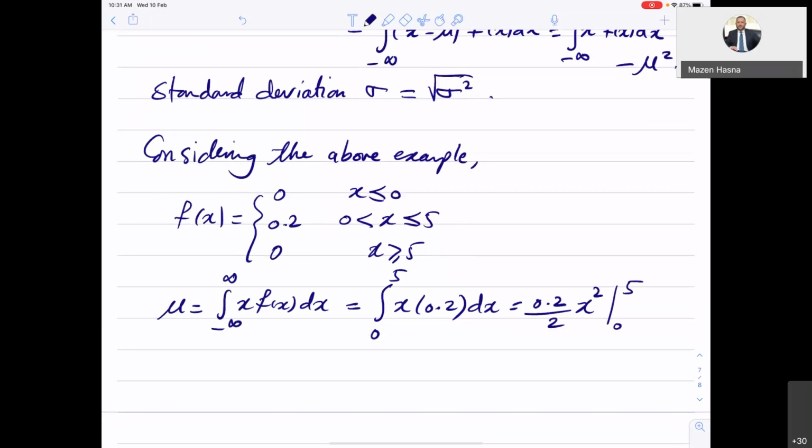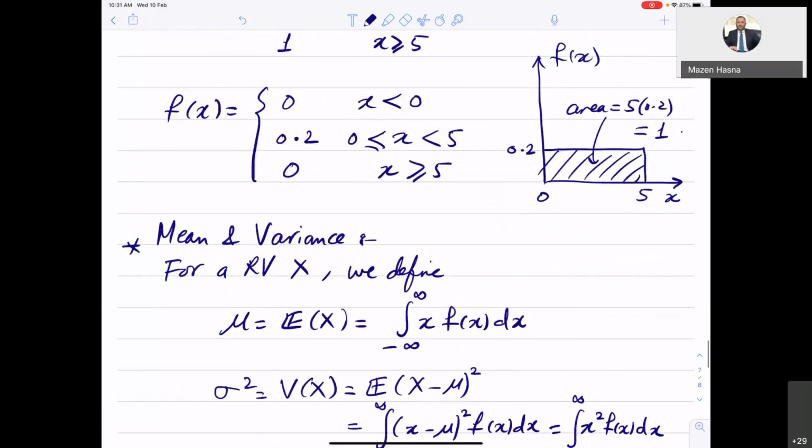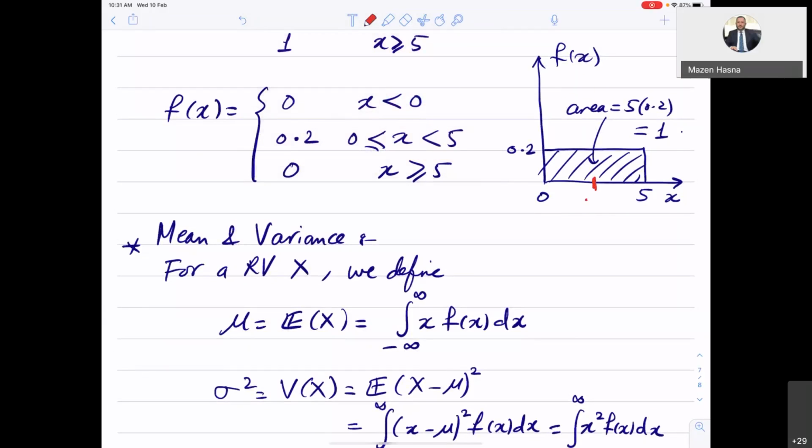From 0 to 5, which is 0.1 times 25 minus 0, which is 2.5, which is expected, right? Because my random variable is uniform between 0 and 5, so we expect the mean to be just in the middle.